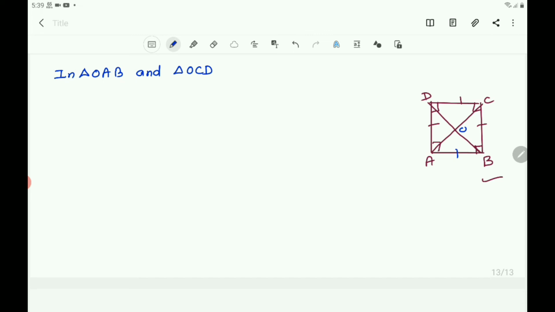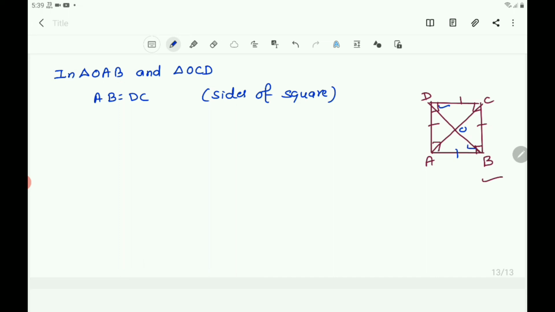Here AB equals DC. They are the sides of the square. You can write AB equals DC, sides of square.